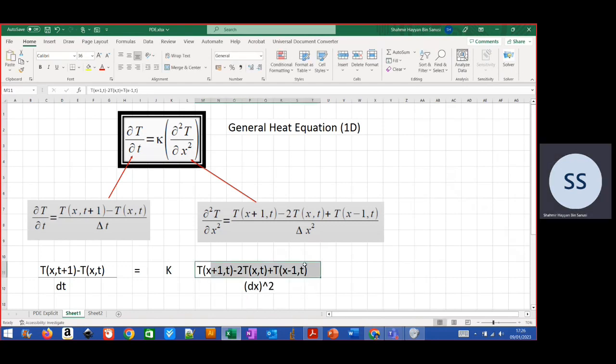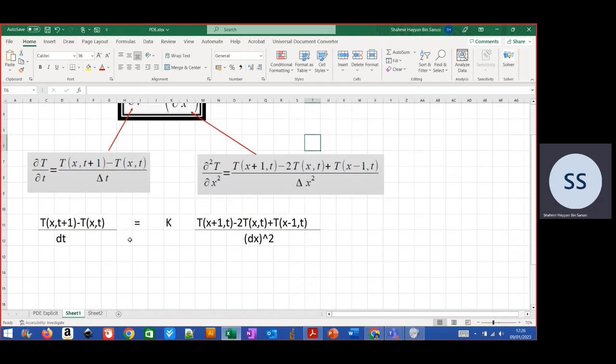Where do I get this? I get it by substituting second order and first order into the general heat equation.